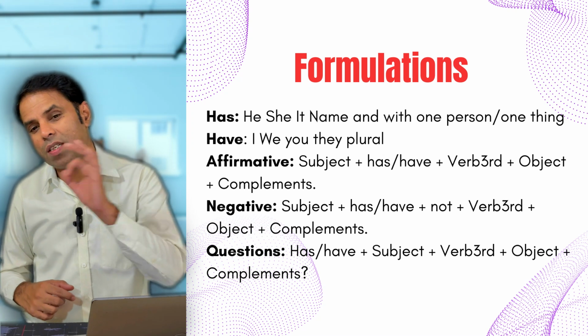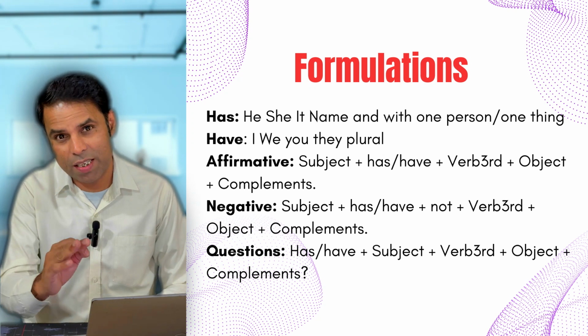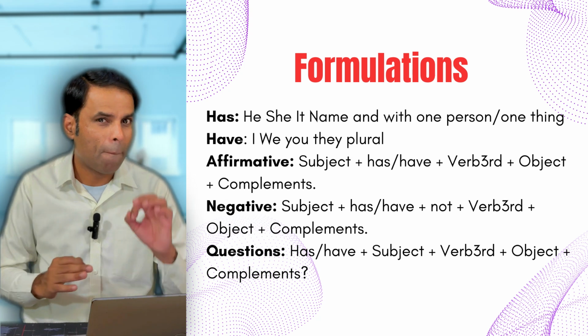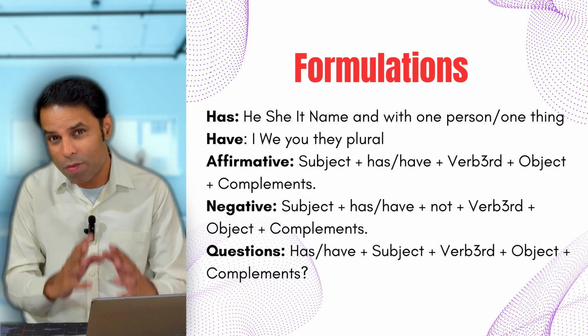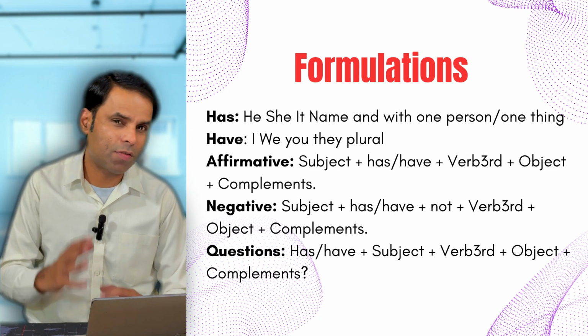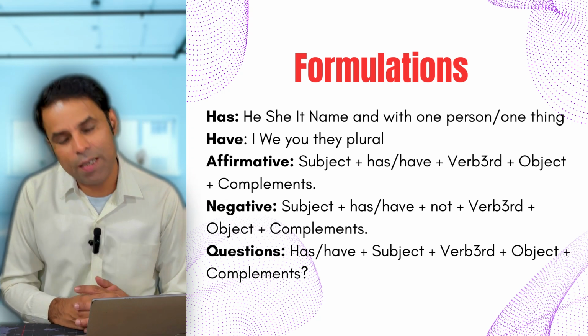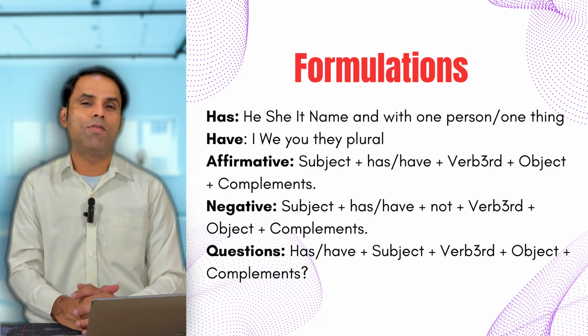So go, went, gone, we use gone. Write, wrote, written, we use written. Play, played, played, we use played. So subject, has or have, third form of the verb, object, and complements. This is how the affirmative sentences are formulated.